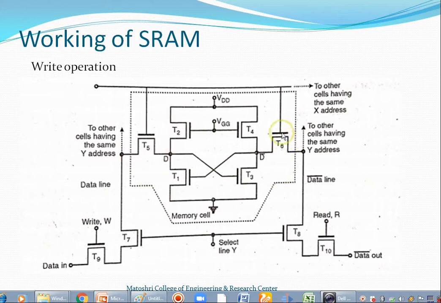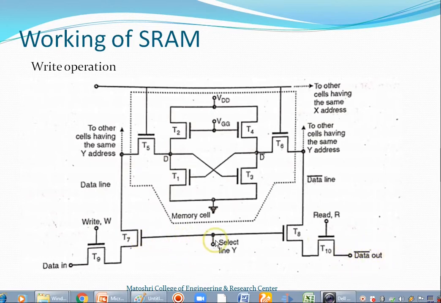Out of these six transistors, T1 and T3 are cross-coupled. There are the data line and the complement of the data line, the data in input terminal, and from data out we can read the data.